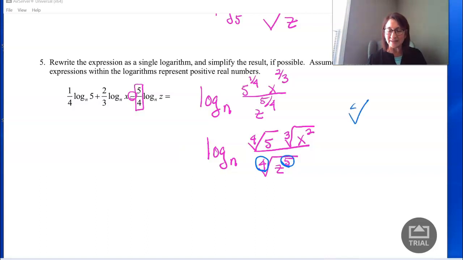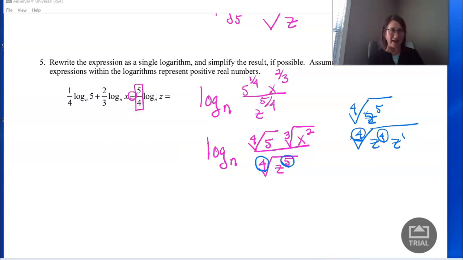As a matter of fact, if I take the 4th root of z to the 5th, I can change that to the 4th root of z to the 4th times z to the 1st. So when my exponent and my index match, that means I can take out a root of z. So that'd be z times the 4th root of z.